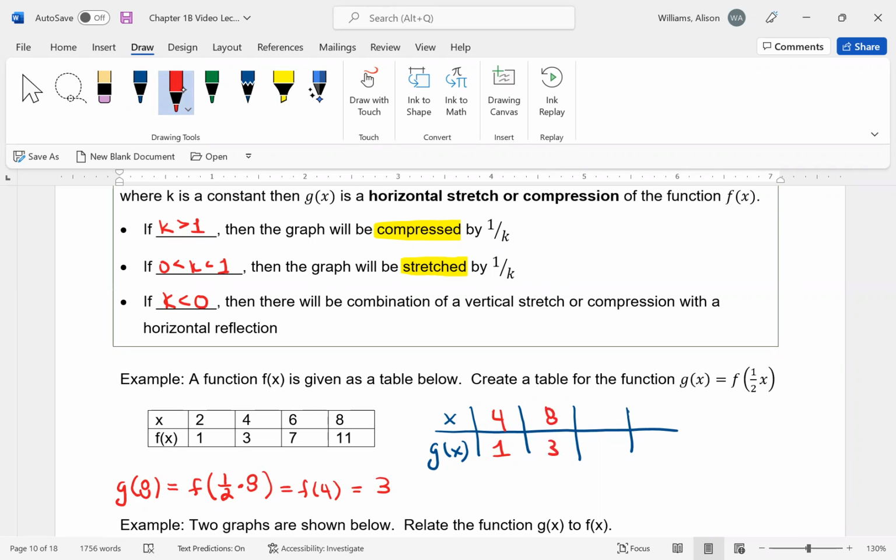So basically what I'm doing is I'm having to double the input values in order to get the same output value. So it's going to be, instead of 2, 4, 6, 8, it's going to be 4, 8, 12, and 16. And that's going to give us the same outputs as f of x.